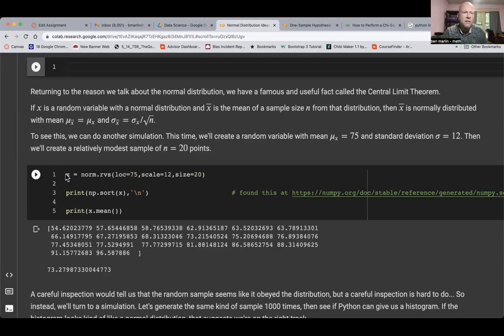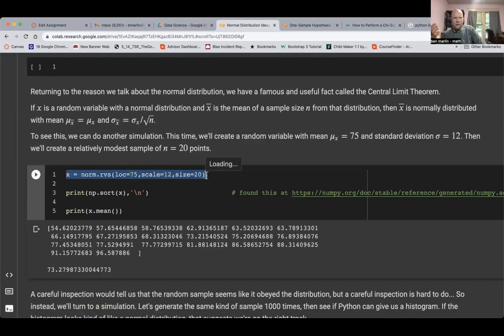So here, when I say x equals norm.rvs, the RVS means random variable sample, okay? It tells us I told it to go get a sample that has a mean of 75, a standard deviation of 12, and a size of 20.